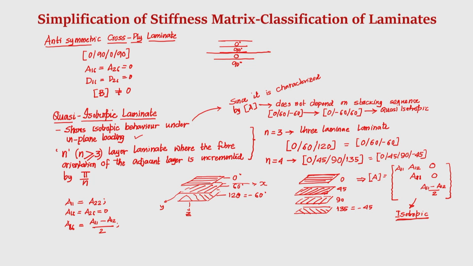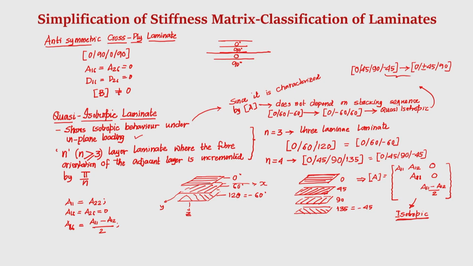Going by the same logic, 0, 45, 90, minus 45 and 0, plus minus 45, 90 do not have any difference as far as the A matrix is concerned, because it does not depend upon the stacking sequence.